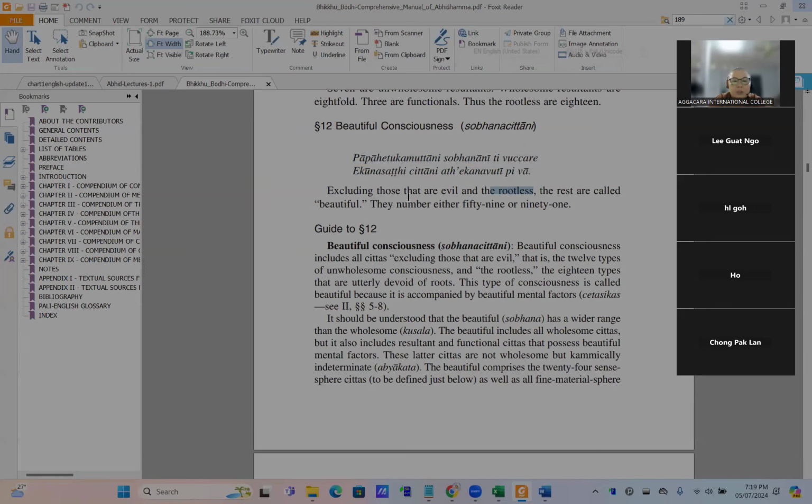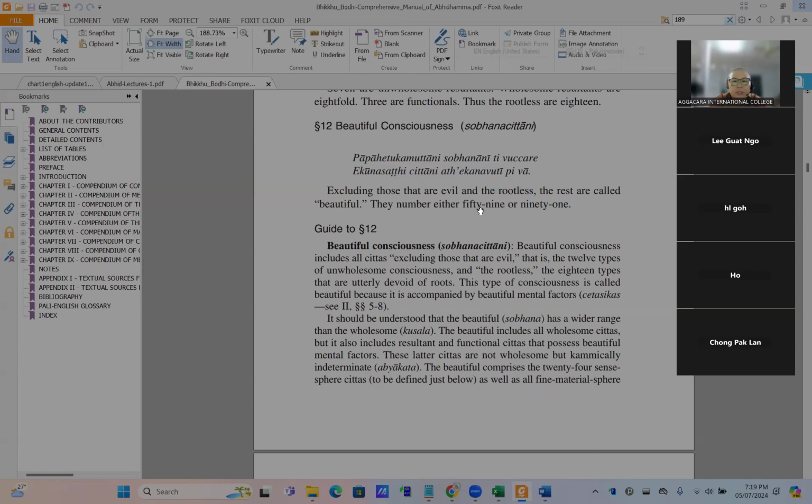Excluding those rootless, the rest are called sobana, beautiful. How many are there? There are 59 or 91. Ekunasathi is 59. Ekanavuti, eka is 1, navuti is 90, so 91.